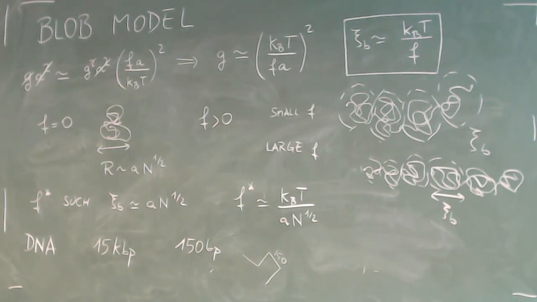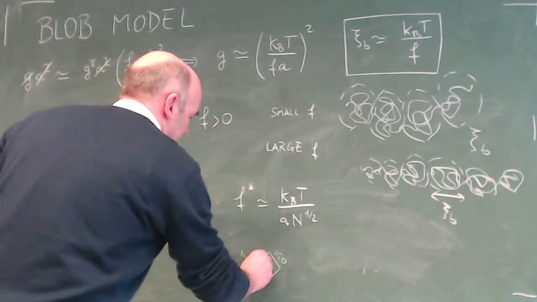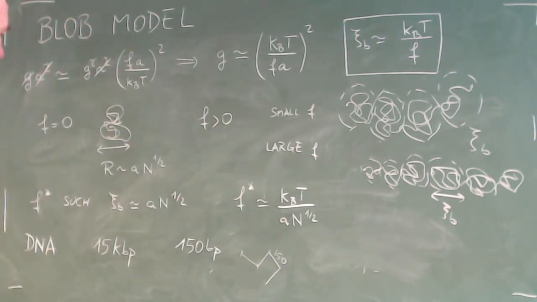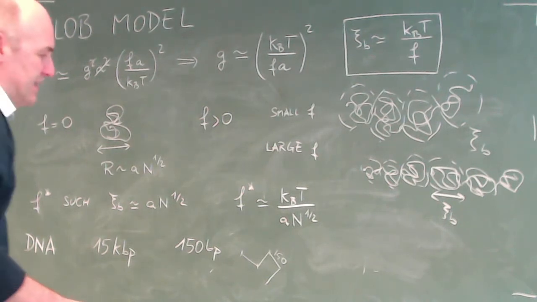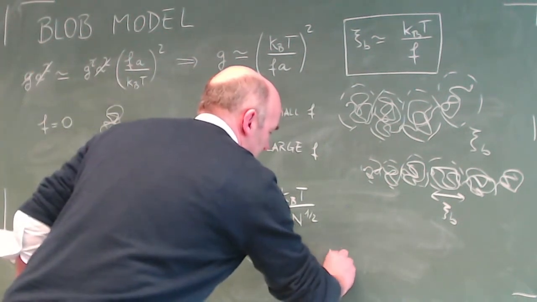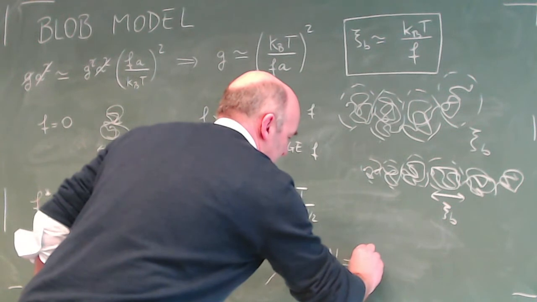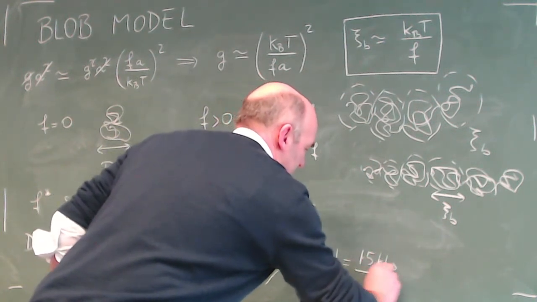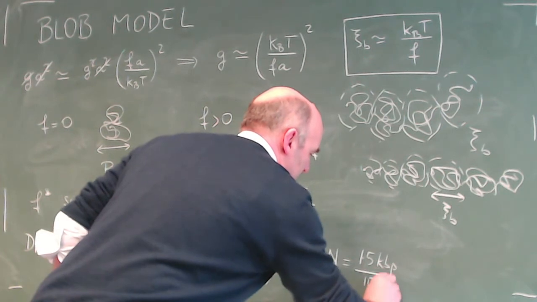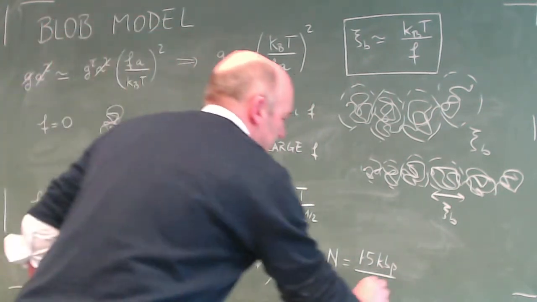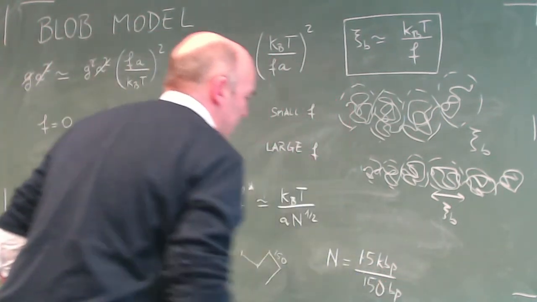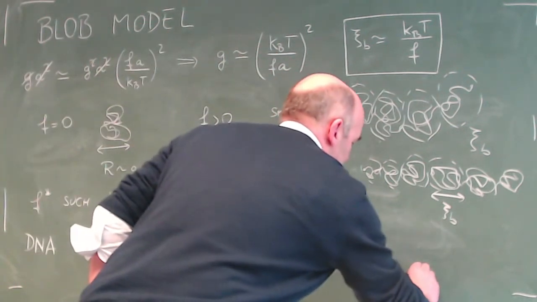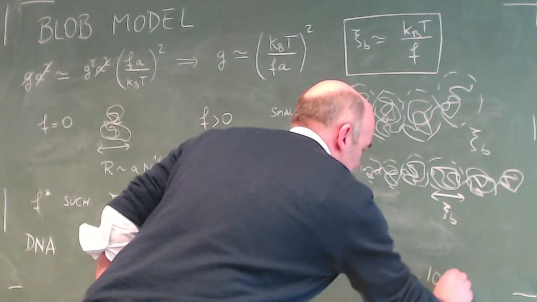So I can consider my DNA as a sequence of N segments, which I obtain by dividing 15 kilobases by 150 base pairs, and this gives me exactly 100.